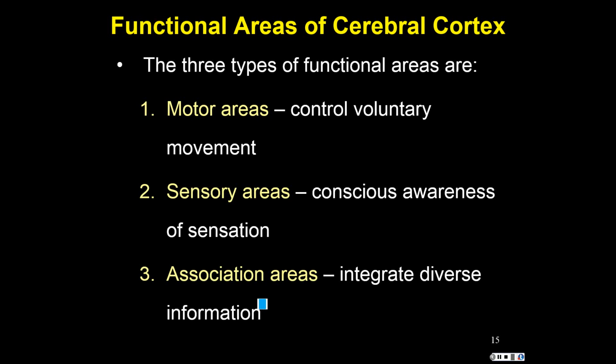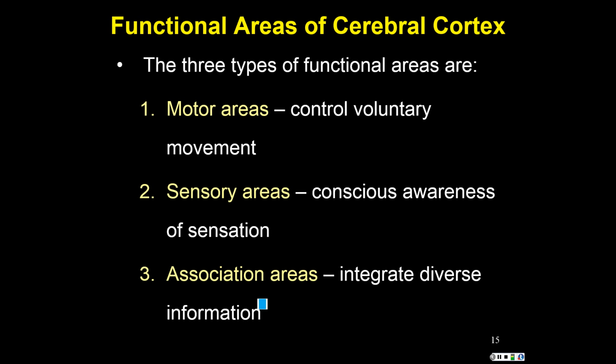Again, whether the sensation be physical, like what we saw in the parietal lobe, or visual, like we saw in the occipital lobe, or auditory in the temporal lobe, those sensations are processed in areas of the cortex called sensory areas. The rest of the cerebral cortex, that did not directly coordinate motor output, nor directly process some form of sensation, those are just called association areas.